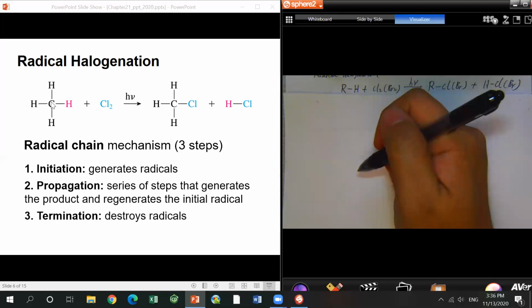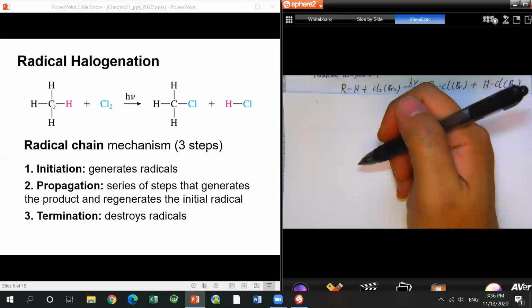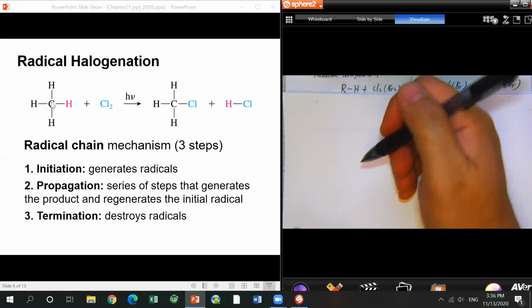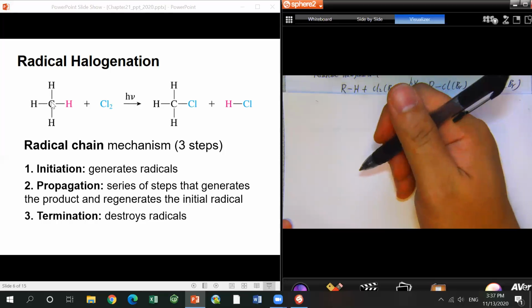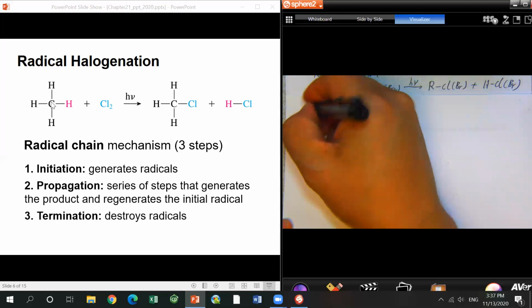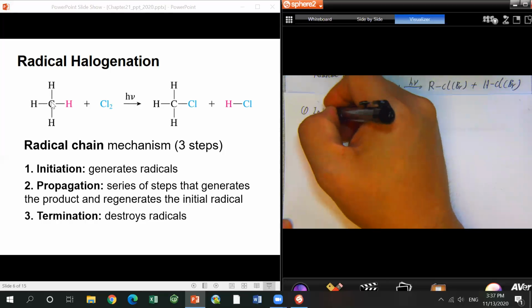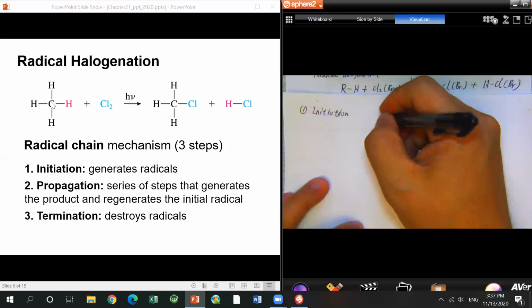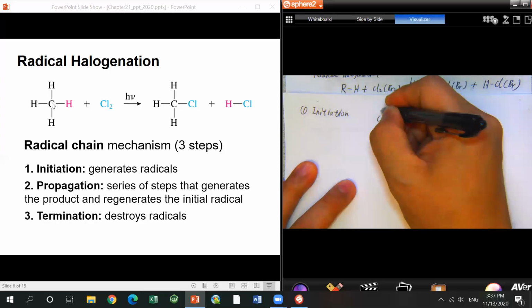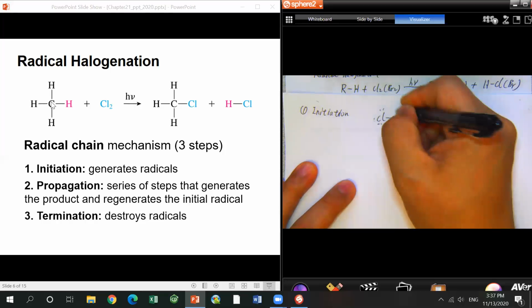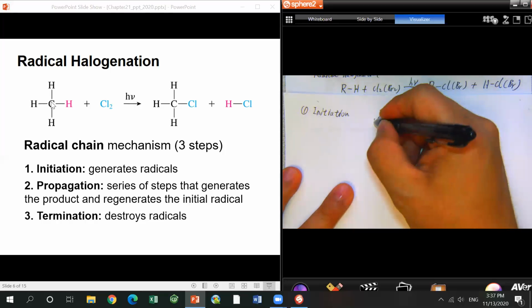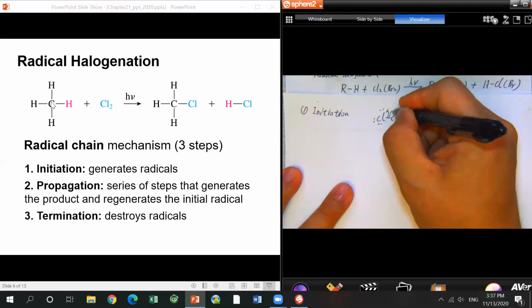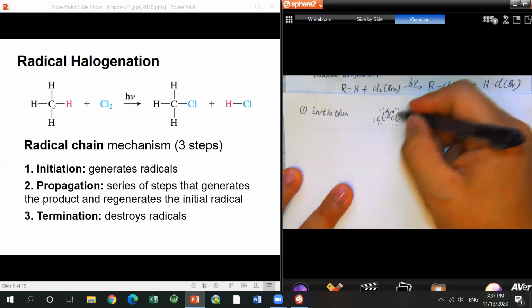I'm going to draw the mechanism and you just follow me, because it's a required mechanism for chapter 21. Normally we take three steps. The first step is initiation. The chlorine molecule breaks up into radicals first. It goes this way with an arrow, so make sure you use what's called a fish-hook arrow.